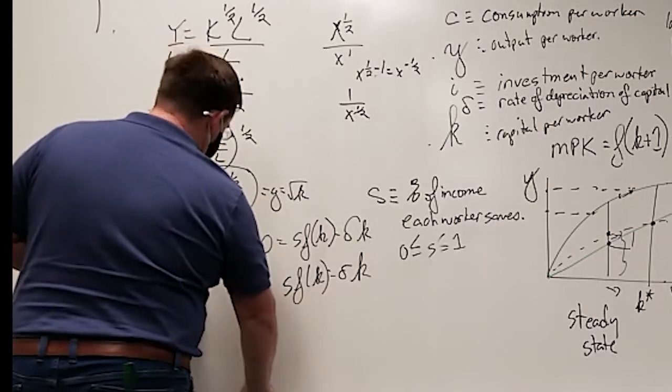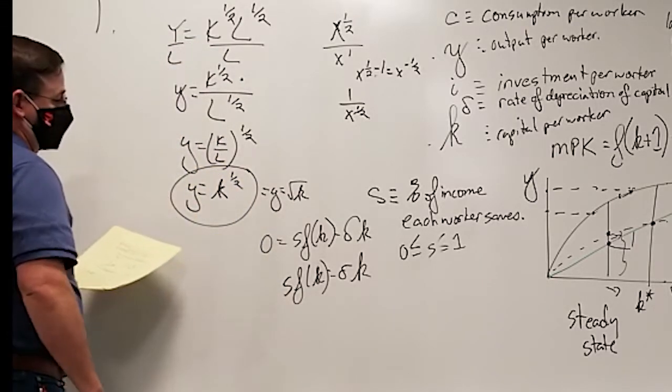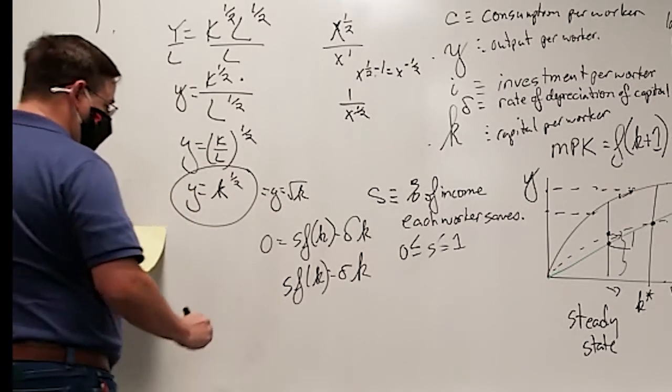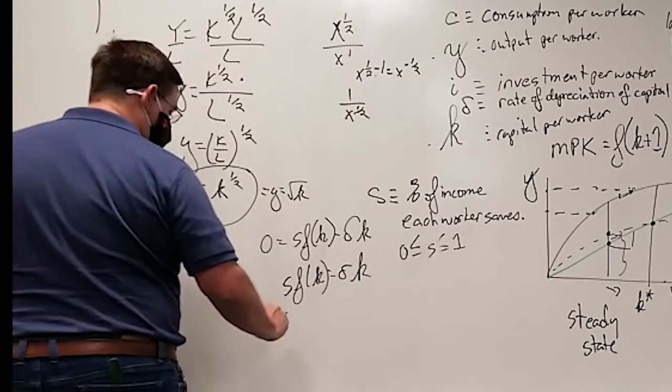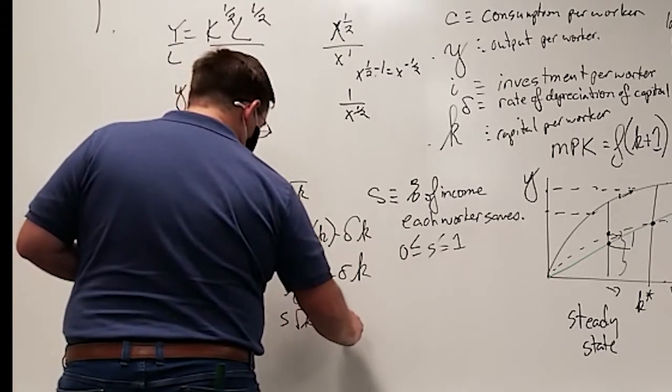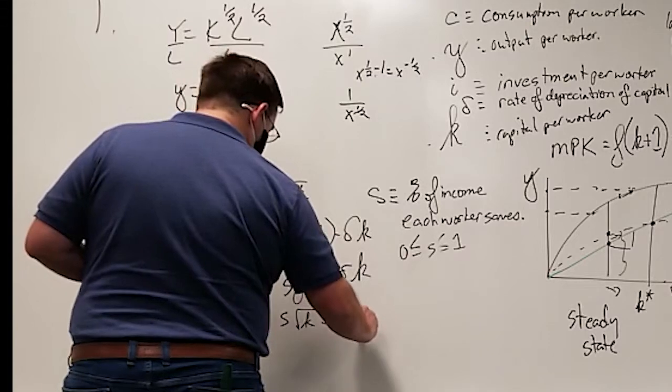Well, what would happen? Let's think about that in terms of this. Then we would have savings times the square root of capital is equal to depreciation times the amount of capital.